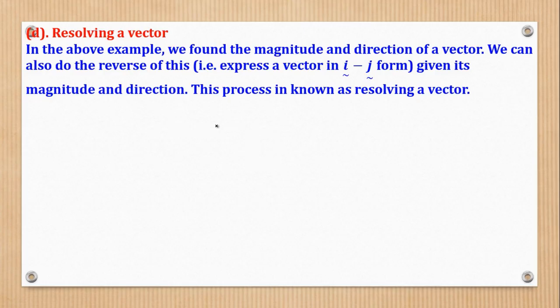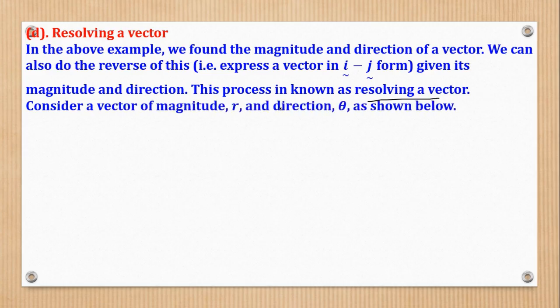Okay, so that process is what we call resolving. In other words, splitting a vector into two components, the horizontal component and the vertical component. So consider a vector r and direction theta as shown below.